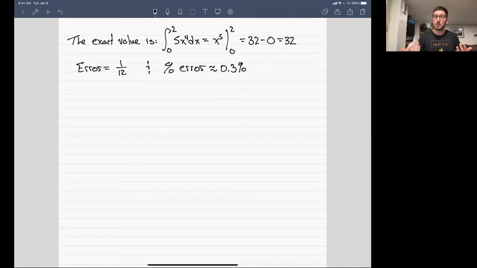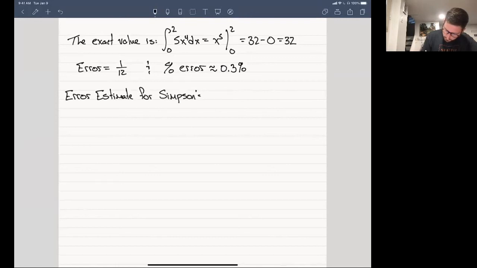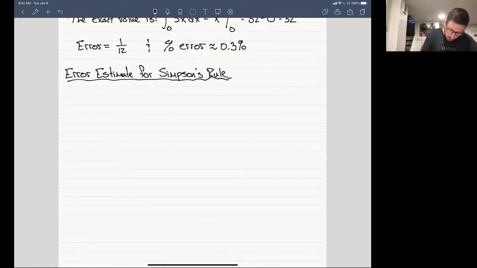And much like the trapezoidal rule, we have an error estimate. I can explicitly tell you how big the error can possibly be. So the error estimate for Simpson's rule: in this case, we need the 4th derivative of the function that you're taking the integral of to be continuous.